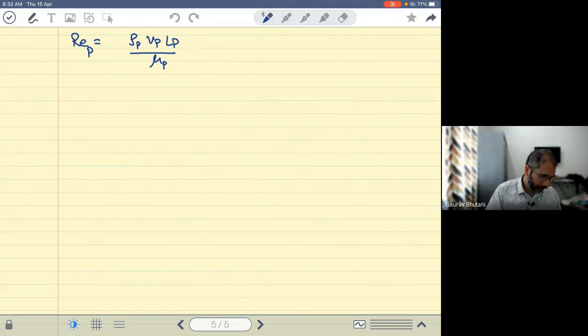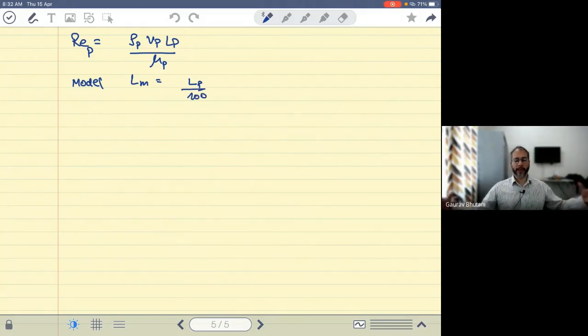Now the model that we want to miniaturize and test in the lab, let us say its size is 1/100th of the prototype size. So if your prototype aerofoil was 5 meters in length, then you're talking about 5 centimeters for the experiment.